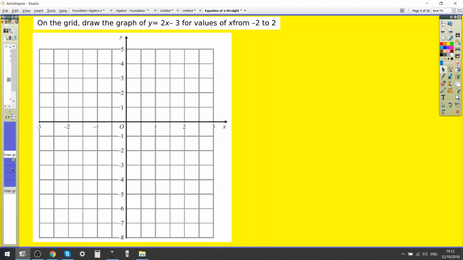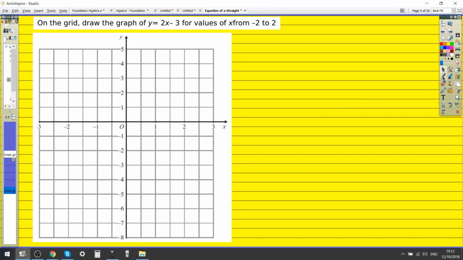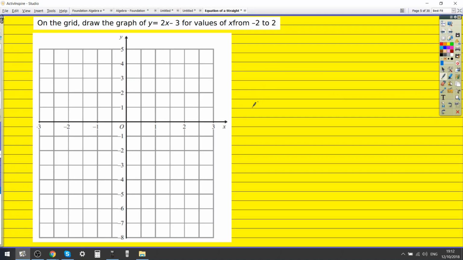Okay, so I think I need to substitute the x into the equation for y. Okay, so the first one, 2 times minus 2, so minus 4, minus 3. So y is minus 5.